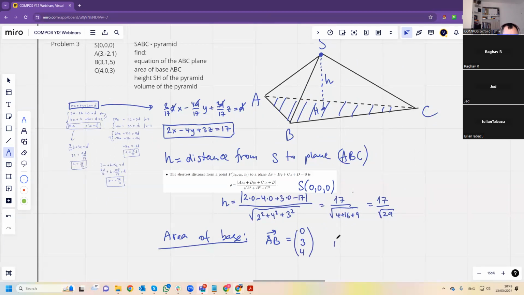You can find vector BC. No, AC. Let's do AC. And that is 1, 2, 2.